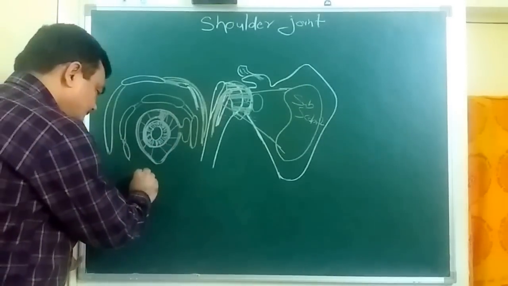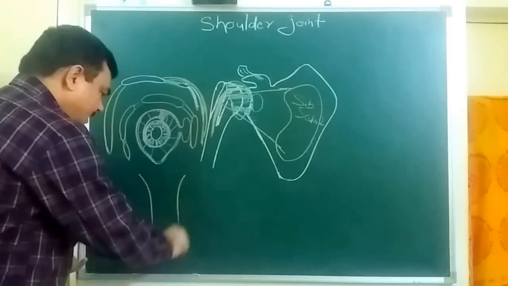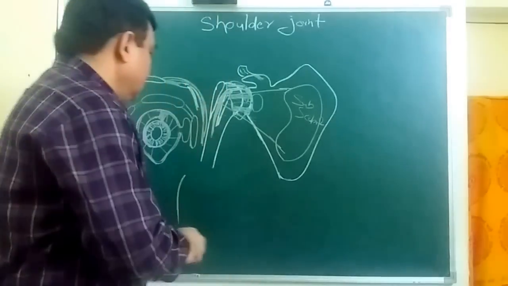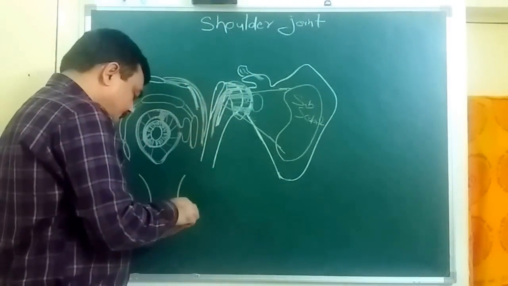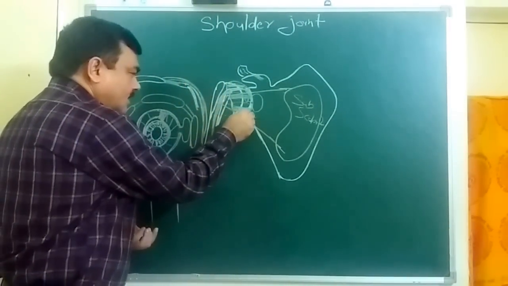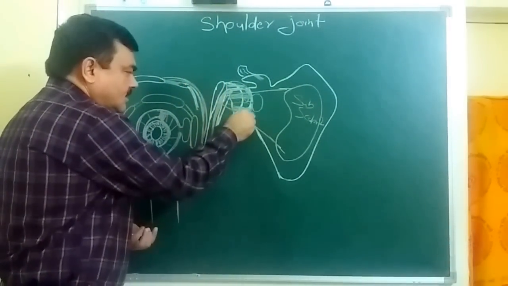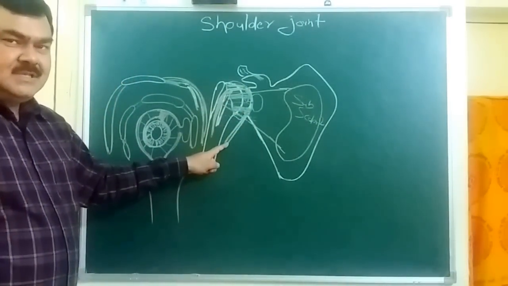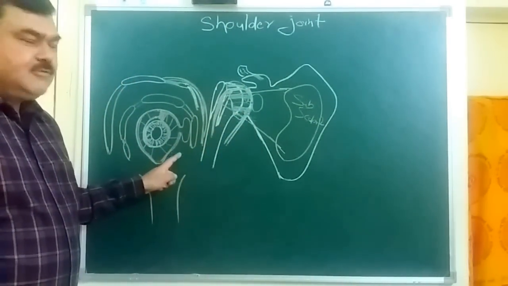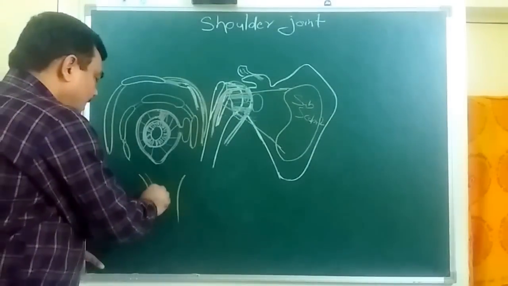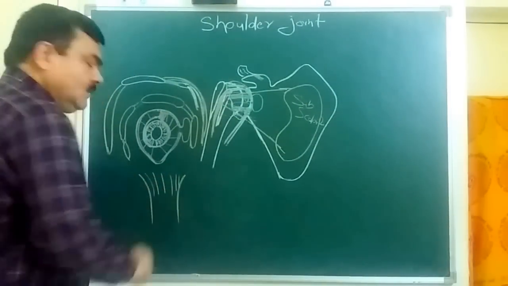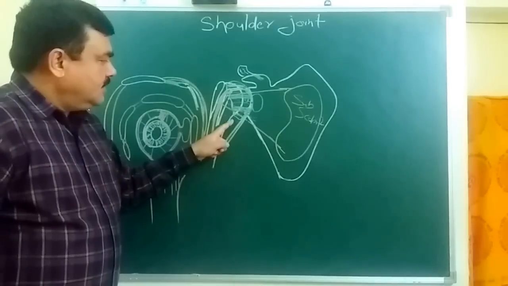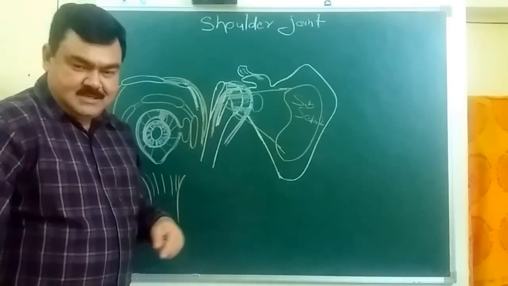Inferiorly, there is another structure which lies in relation in the full abduction position. Here is one muscle, that is the long head of triceps. This long head of triceps supports this joint from the inferior aspect when it is fully abducted.